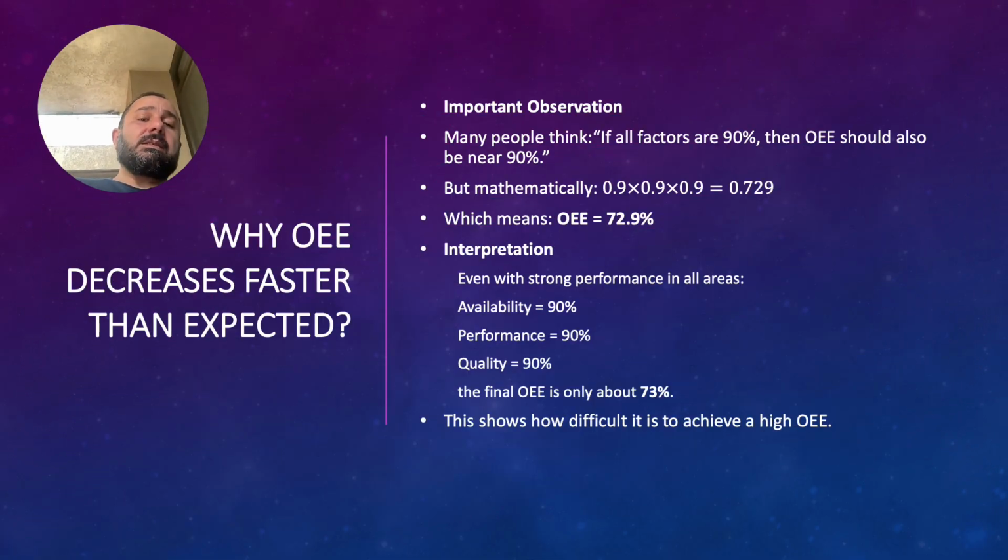Why does OEE decrease faster? This is very, very important for us to understand: when we are multiplying three factors, even if all of them are 90%, the OEE will not be 90%. If you multiply 90% by 90% by 90%, actually it comes to 73%. That's very important to understand and to make others understand why OEE drops very fast. Because when you're multiplying numbers between 0 and 1, usually they reduce, they don't increase, and they don't give you an average.